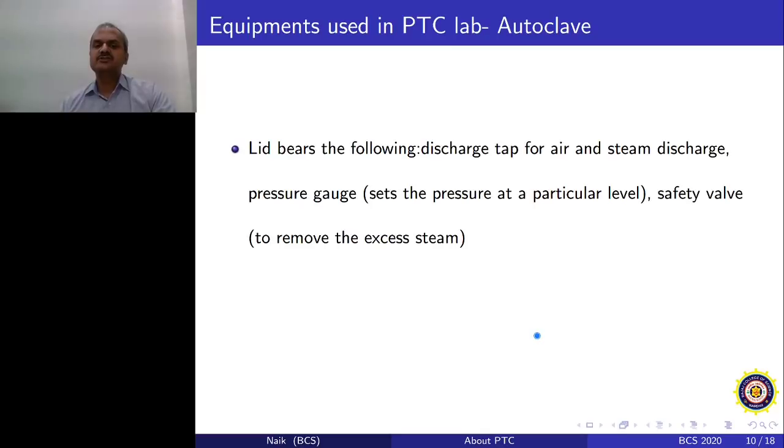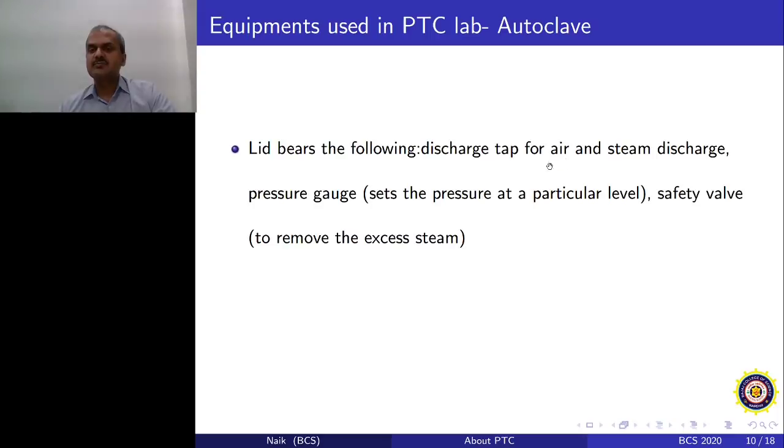The lid bears the following items: a discharge tap for air and steam discharge, a pressure gauge which can set the pressure at a particular level, and a safety valve. The safety valve is to remove excess steam. The pressure gauge is the one where we can set the pressure. Generally we keep the pressure at 20 psi, and that gives us 120 to 121 degrees Celsius temperature.